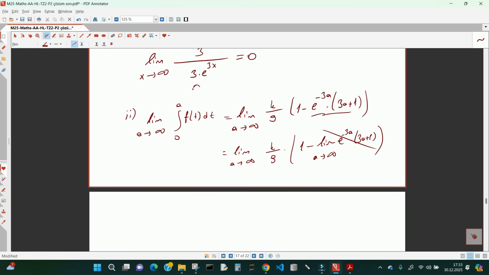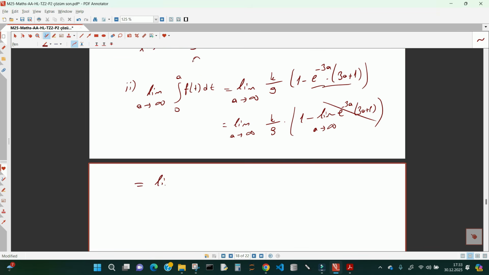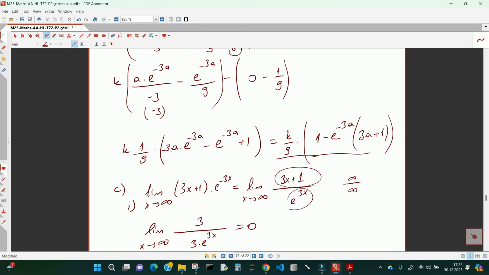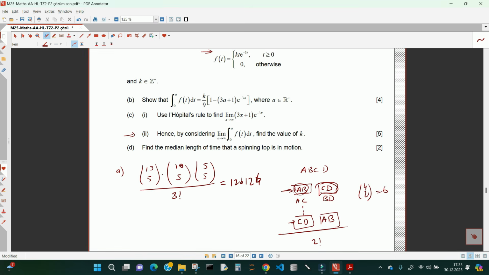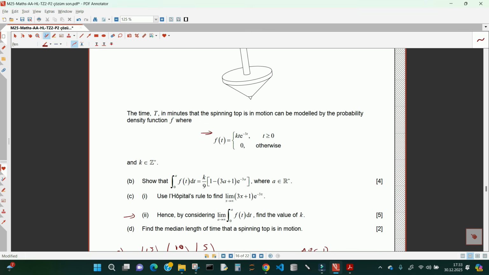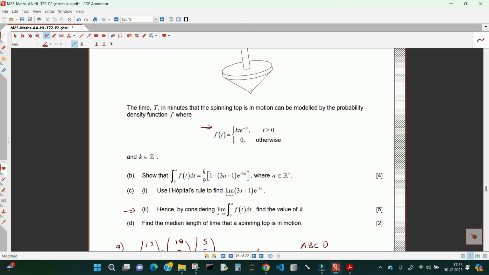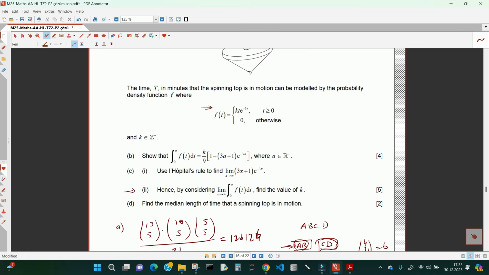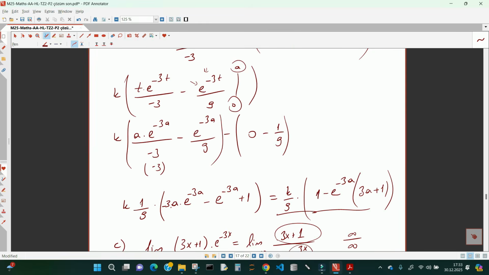So we now have the limit as a approaches infinity of k over 9, and it equals the total value of this probability density function, which will be 1, right?